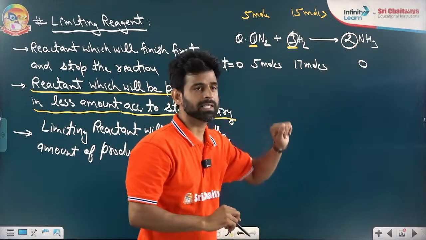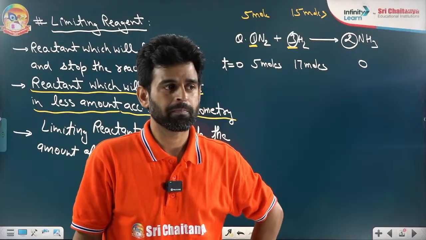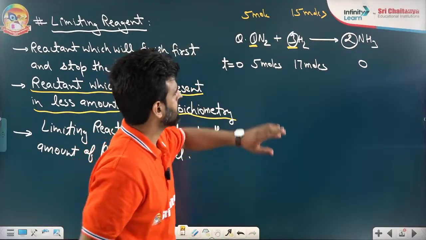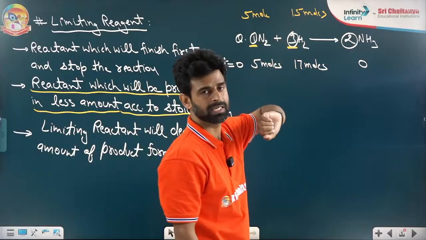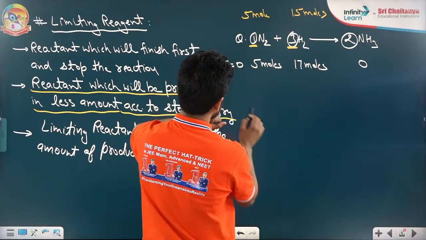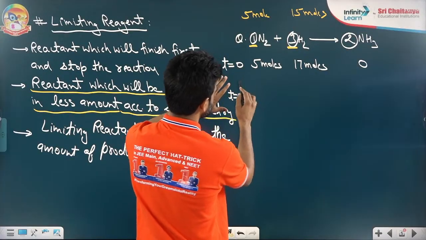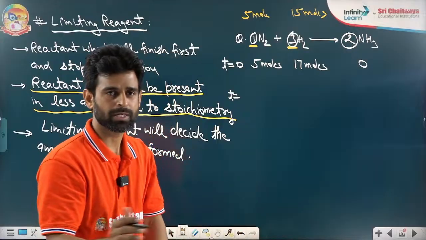But how many are given here? They gave me 17 moles. Clear, beta? That's why this will finish, this will remain. I am writing the obvious method to explain, then we will come to the shortcut also, okay?